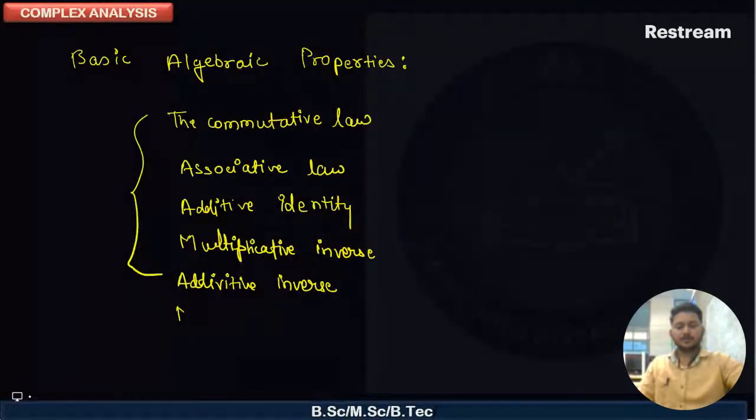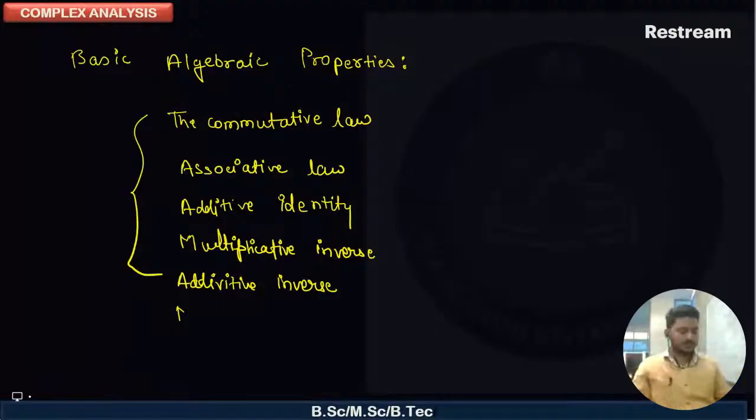In today's class, we study some more properties related to this section. I hope you make clear notes for this. These properties are accepted because they apply to real numbers.